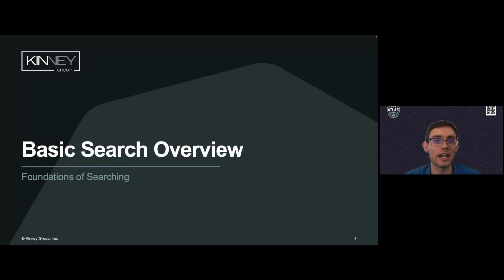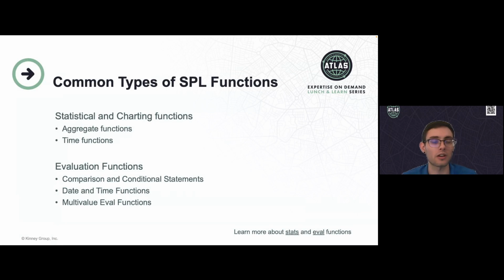So looking at our overview of basic search, I just want to cover conceptually the two categories that we discussed in that session. Those two are the statistical and charting functions, which consist of, in those demos, aggregate and time functions.